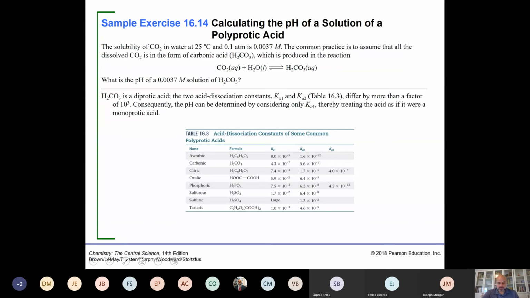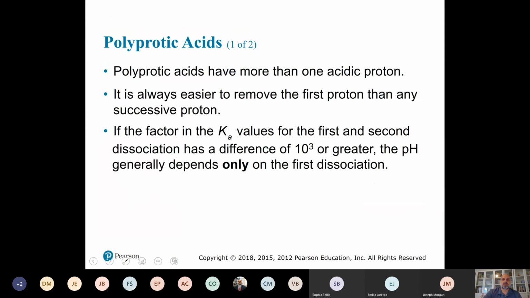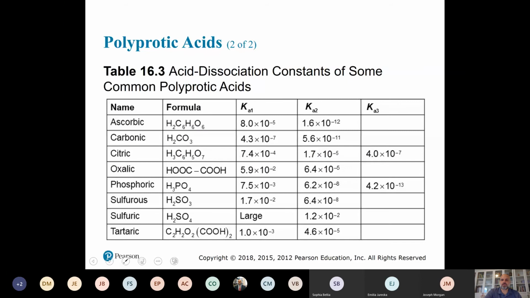So the first thing you need to do, if you remember yesterday when we were talking about polyprotic acids, is that if the Ka values differ by 10 to the 3 or greater, then the second is no longer going to have an effect.